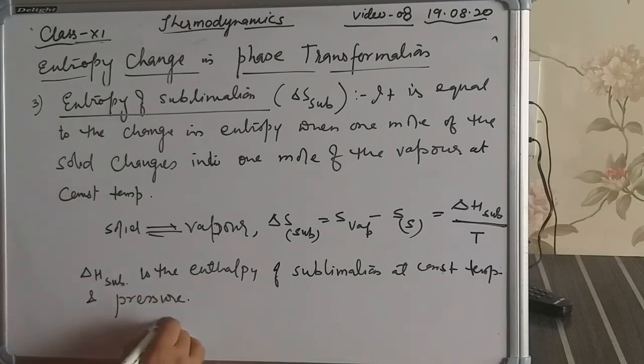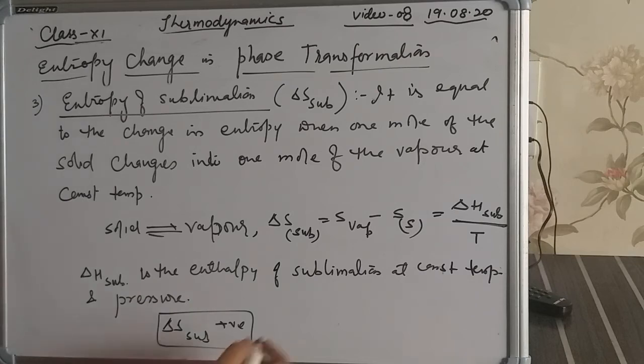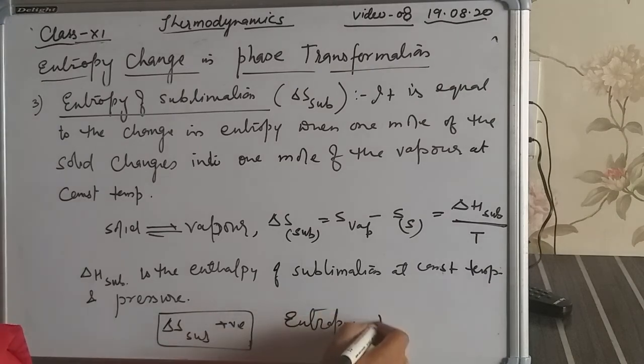So delta S sublimation is also positive because it changes into vapor form. Here entropy also increases.